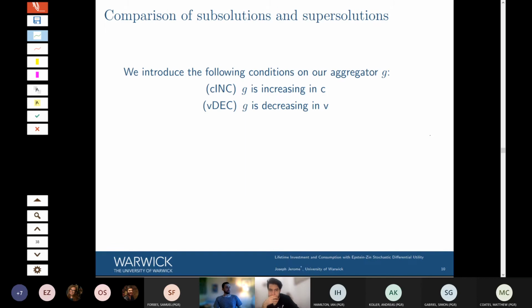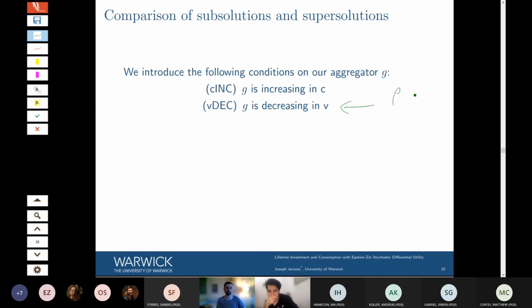So we're going to introduce a couple of conditions on our aggregator. The first one is that it's increasing in C, which is a pretty standard assumption in economics. It essentially means that more consumption is preferred to less consumption. And then the second is that G is decreasing in V. So this is less intuitive.